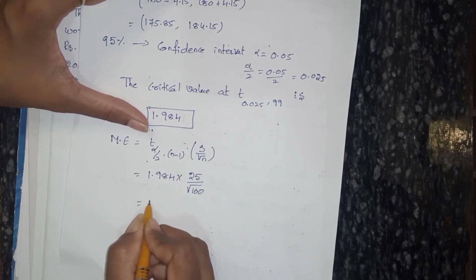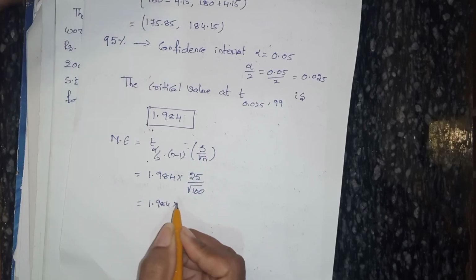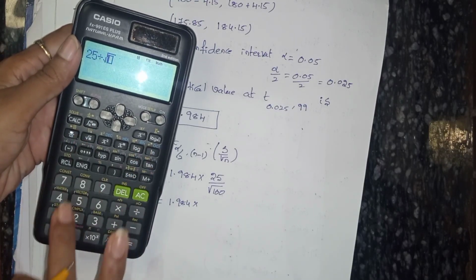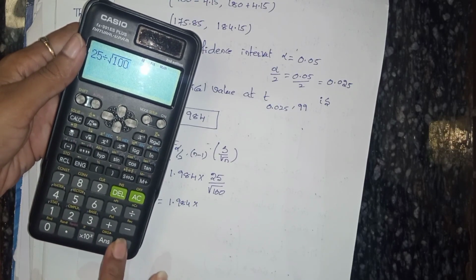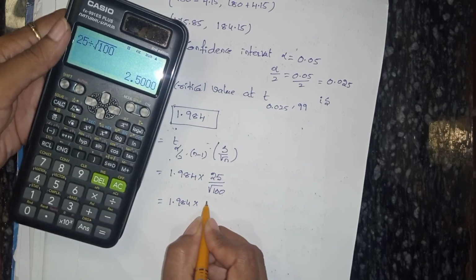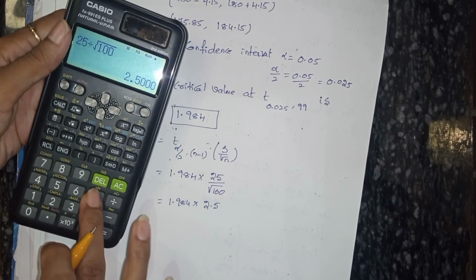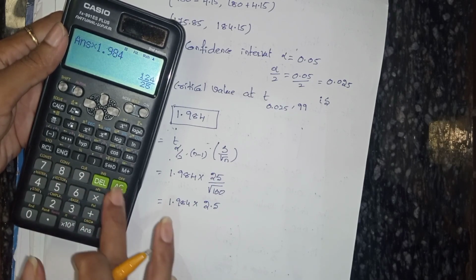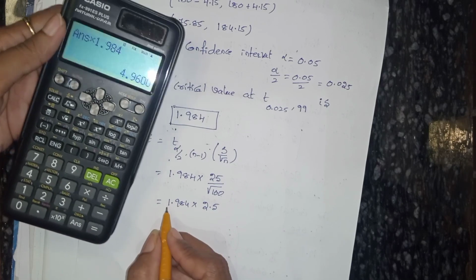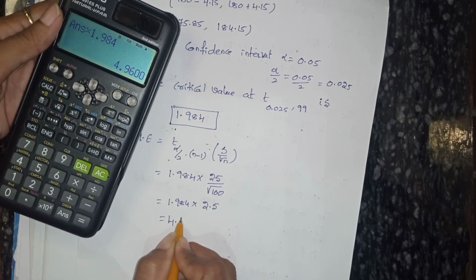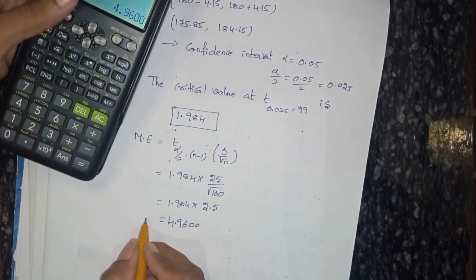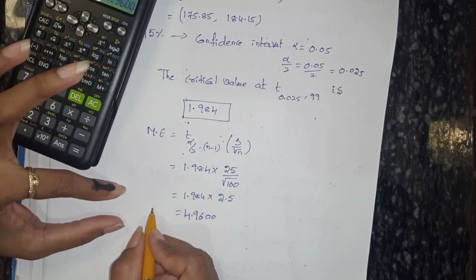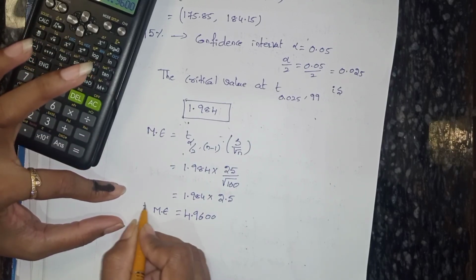So that is 1.984 into 25 by root 100. 25 divided by root 100 is 2.5, into 1.984, that equals 4.96.